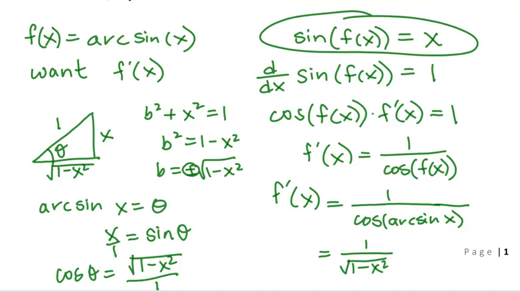And that is your arcsine shortcut. So the derivative of arcsine is 1 over the square root of 1 minus x squared.